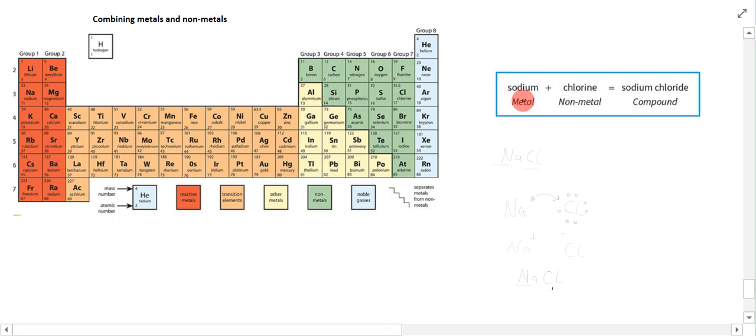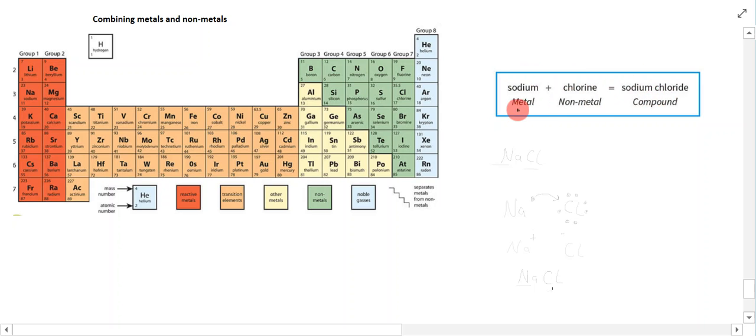Now what we need to think about is how do we go about naming. So when you have a metal and a non-metal, how do you name them? Well, when you combine a metal and a non-metal, the name of the metal comes first, followed by the name of the non-metal, and then the ending changes as well. So for example, this is our metal, sodium, our non-metal, chlorine, we add them together.